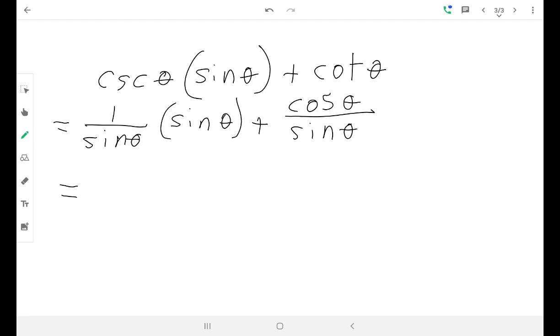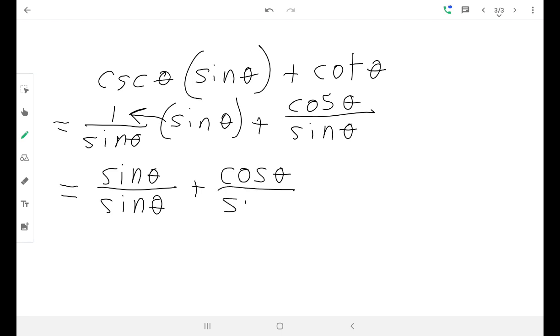Okay, I could do the multiplication in this part here and do sine of theta times 1 is sine theta over sine theta plus cosine theta over sine theta.